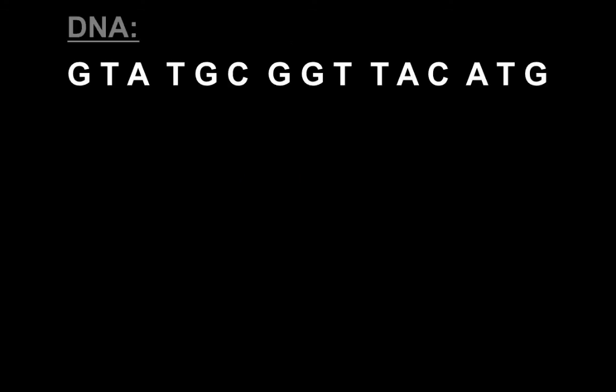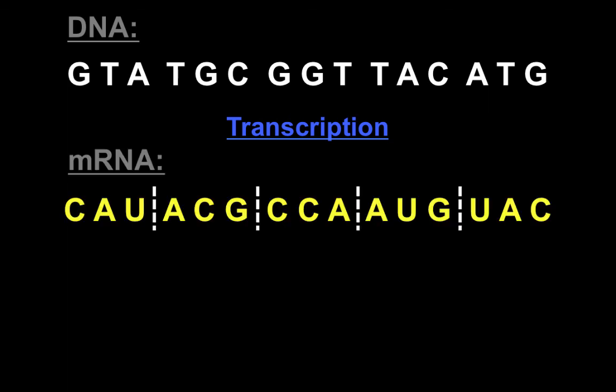So if we look at this, like you're going to have to be able to do in some problems, here I have a DNA sequence. Now, if I tell you to transcribe this DNA sequence, you're going to create the complementary mRNA sequence. And then notice I have identified the codons, because that's going to be the next step. When you translate them, you're going to take each one of those codons and find the amino acid that it goes with on the codon chart.